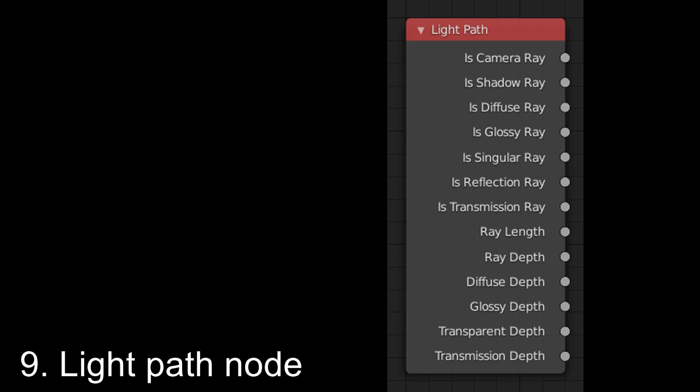Ray Depth: number of times the ray has been reflected or transmitted on interaction with a surface. Passing through a transparent shader does not count as a normal bounce. Diffuse Depth, Cycles only: number of times the ray has gone through diffuse reflection or transmission. Glossy Depth, Cycles only: number of times the ray has gone through glossy reflection or transmission.